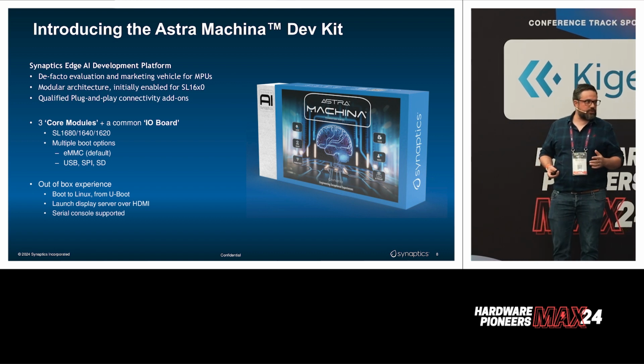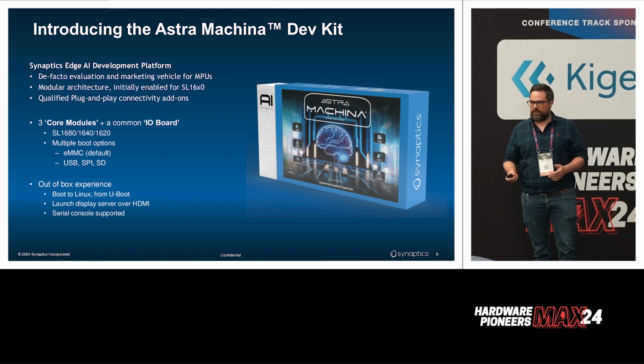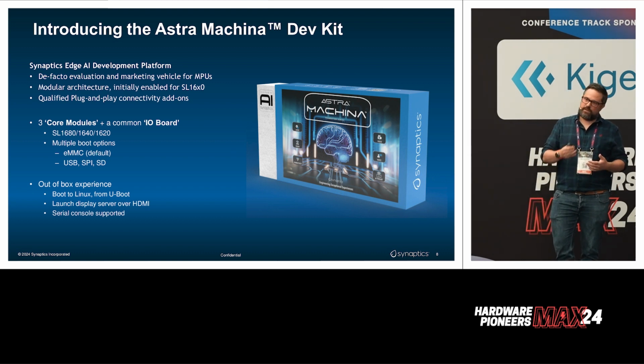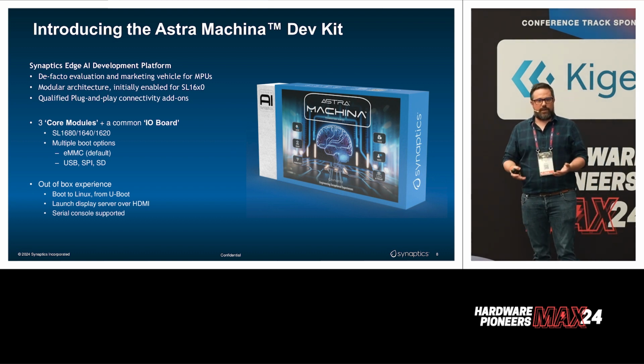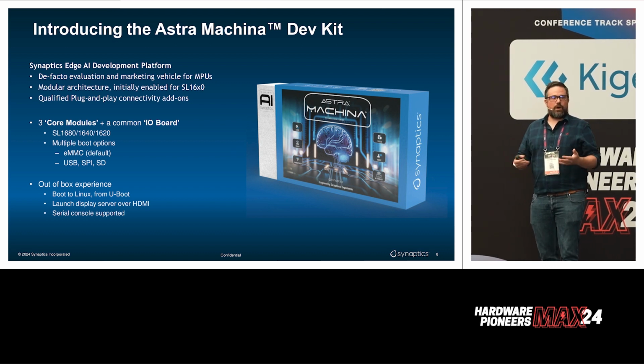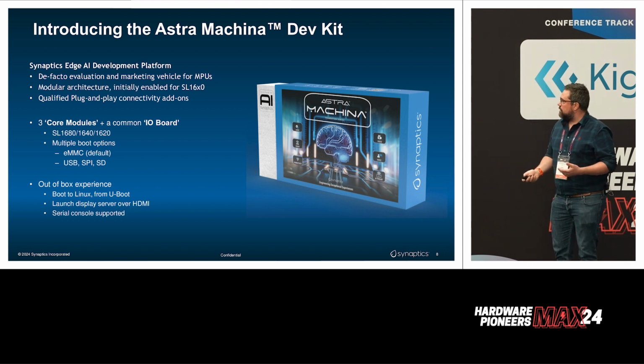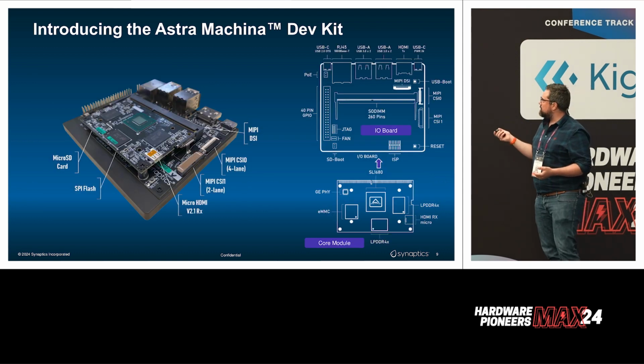Let me briefly introduce our new dev kit that is available now on the market, where we developed this kit for early adopters. This way, they can already start to develop their solution on our platform, and you just need to buy this kit. So what is it based on?